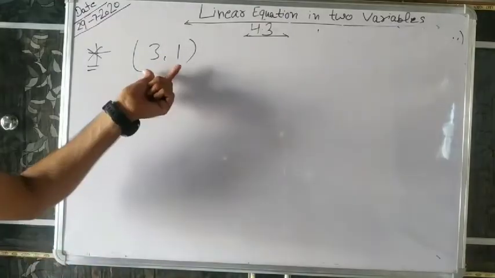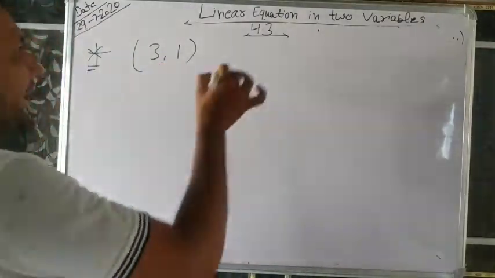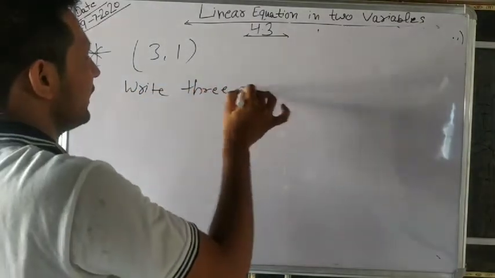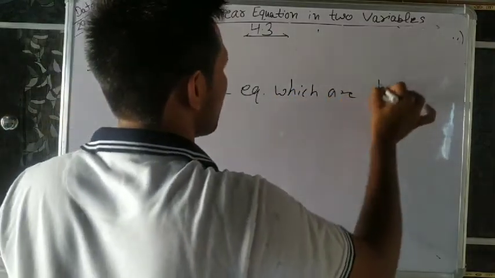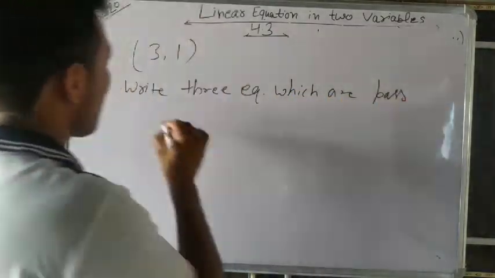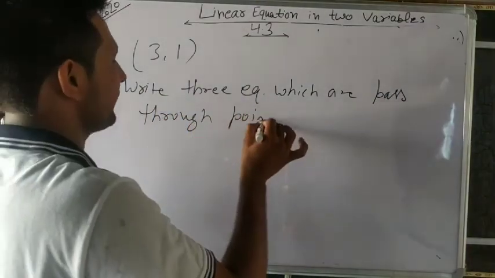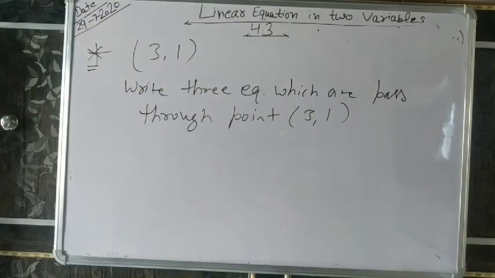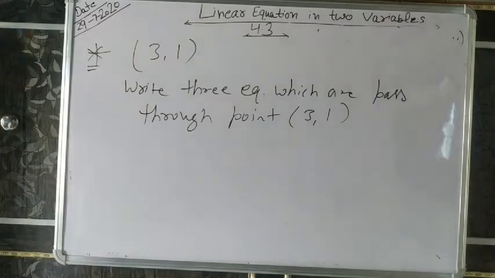You have to write, same as the second question, with equation, 3 equations which pass through point 3, 1. We have to write infinite equations. And why? You have to give the reason also. Understand it?